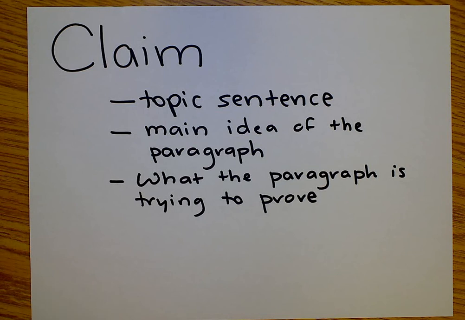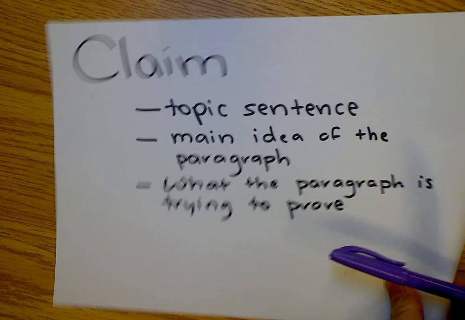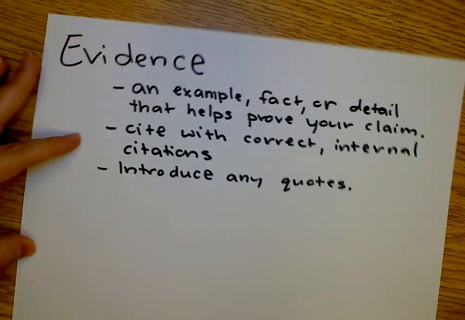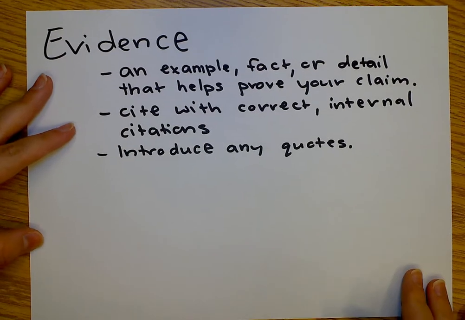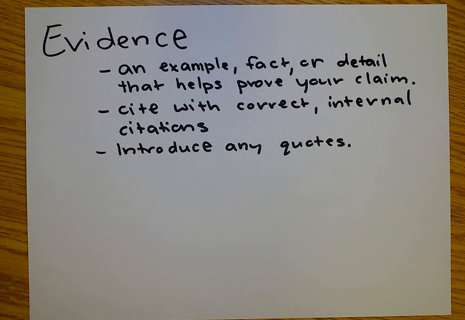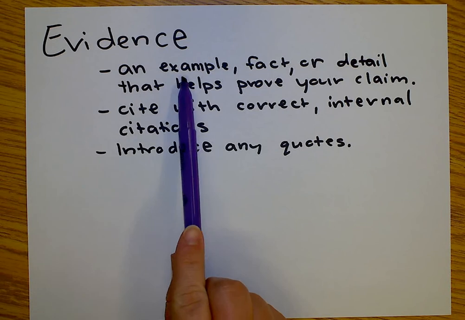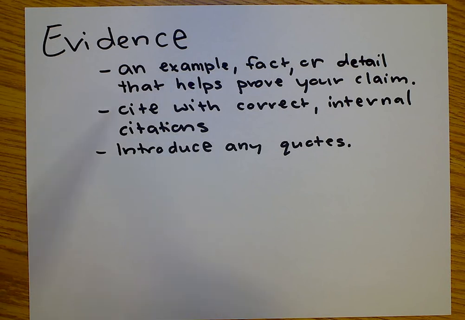The second part of a paragraph is your evidence. So once you tell your reader what you're about to prove, you want to give some evidence to prove that. So it could be an example. In a persuasive paper, for example, you might give reasons why you believe whatever the claim is.